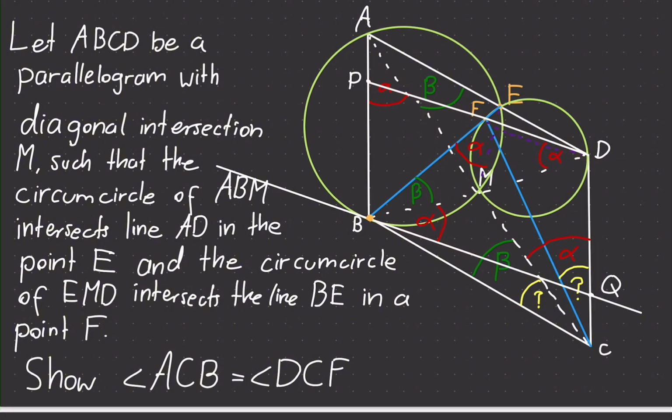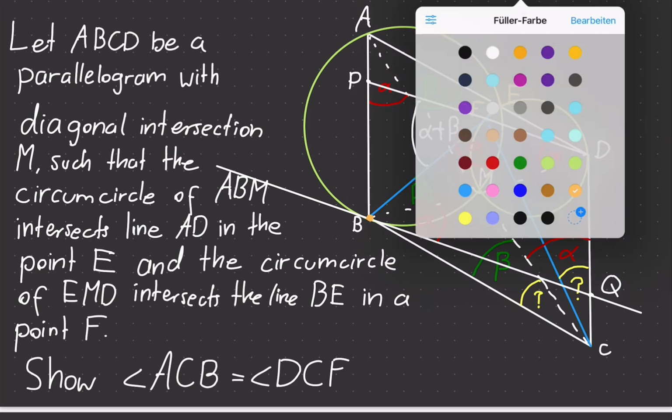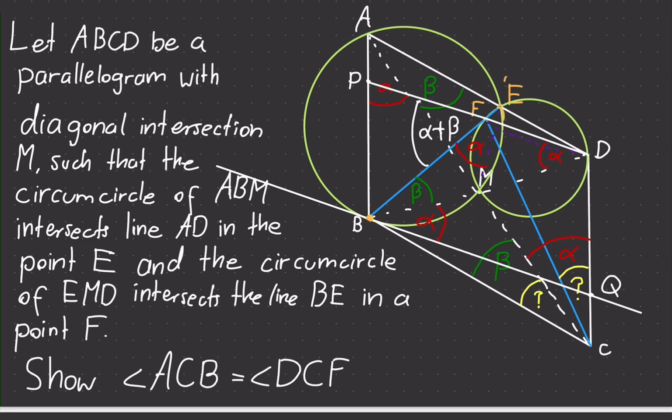So we're going to call this also alpha plus beta. Here, this is alpha plus beta. And so then, if we have alpha plus beta here, this means that we also have alpha plus beta on this side here. It's hard to draw this in now, but I'm going to try here.